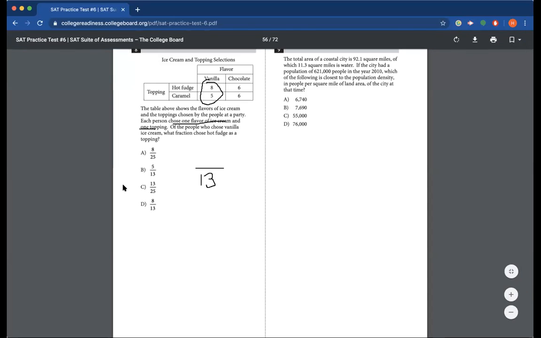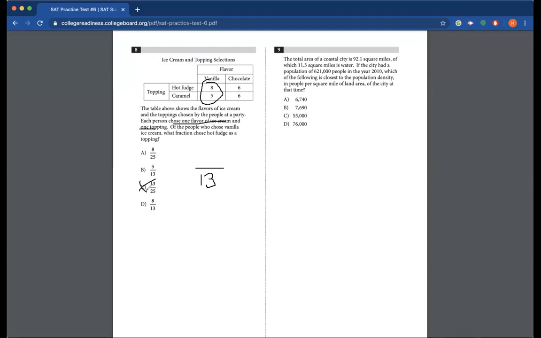So off the bat, we can eliminate some stuff. Eliminate 25 and 25. Now we said hot fudge as a, oh, I got 13 from 8 plus 5. Because they said out of the people who chose vanilla, right?